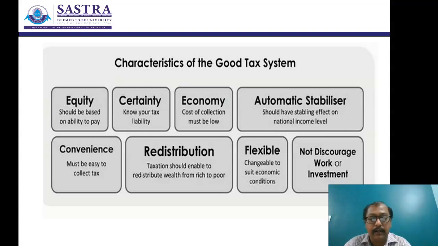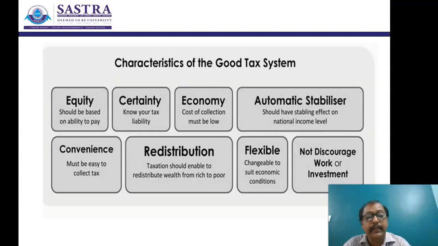The government, when charging their taxes, will try to have a good tax system. A good tax system should have 8 important characteristics, and the government will try to see to it that all these 8 characteristics are kept in mind when they are forming a good tax system.